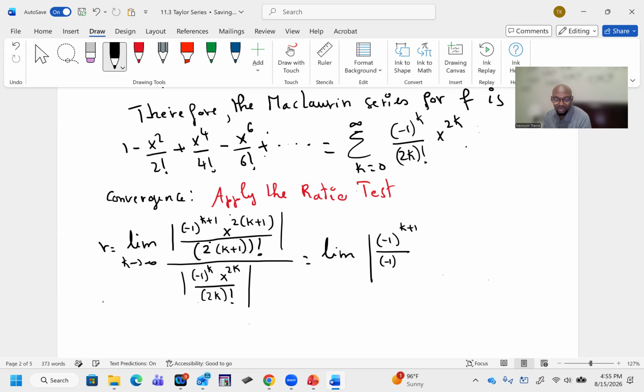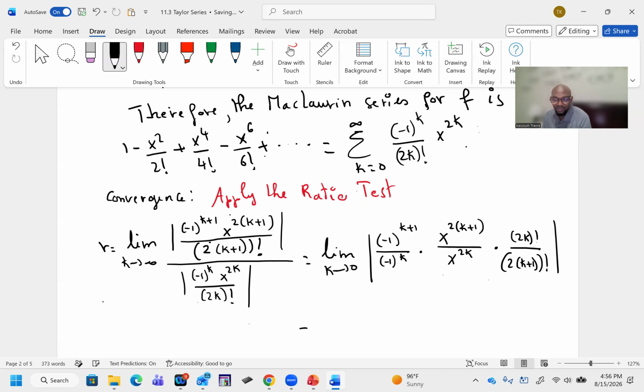Divided by negative 1 to the power of k, times x to the power of 2k plus 1 divided by x to the power of 2k, times, so I'm just dividing like terms as I have, 2k factorial divided by 2 times k plus 1 factorial as k approaches infinity.